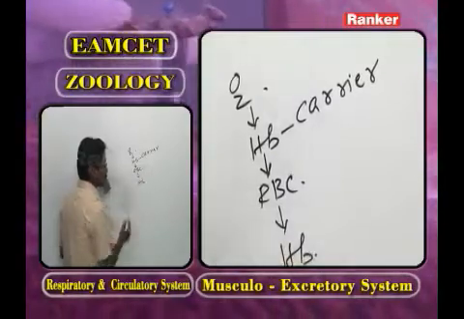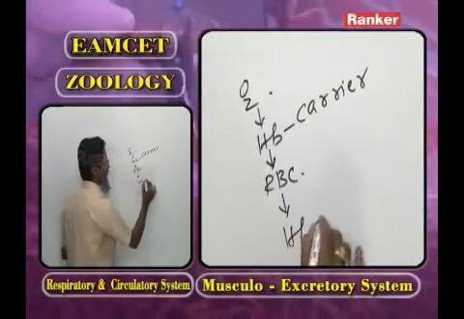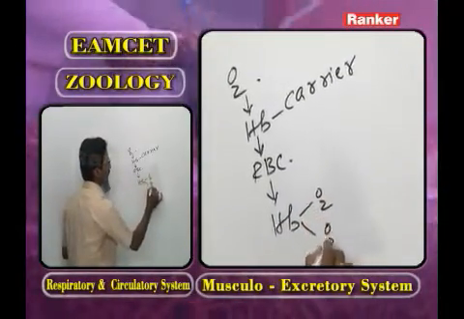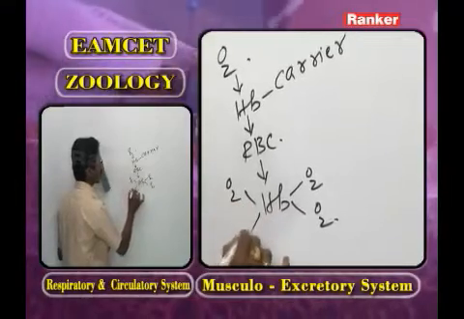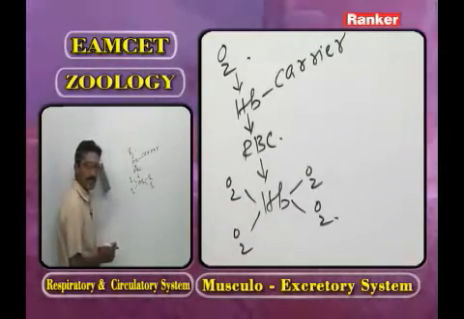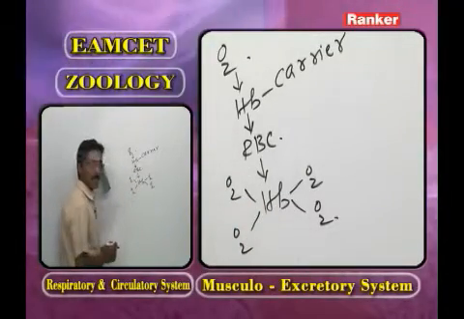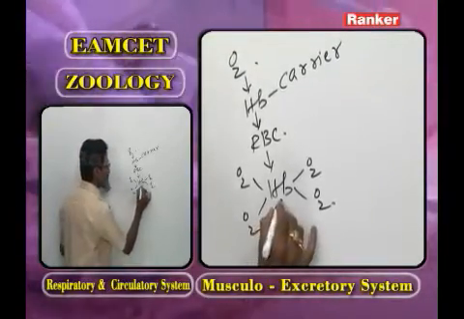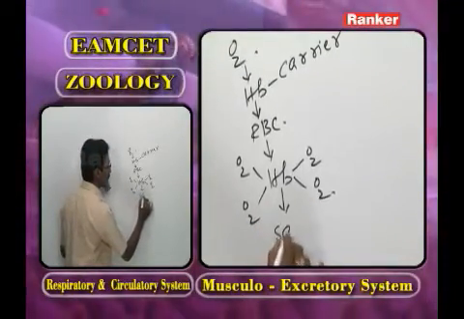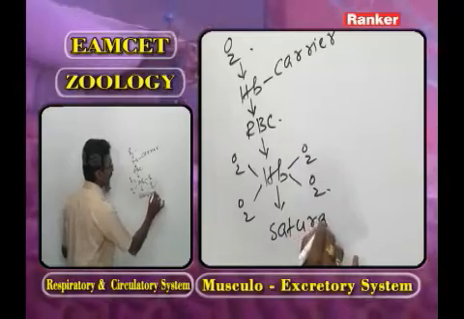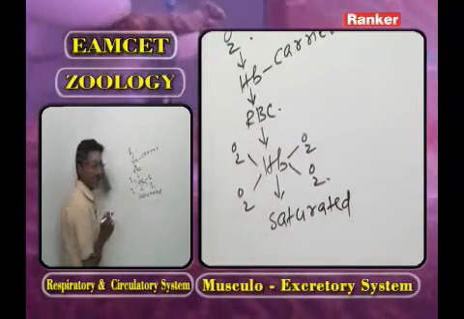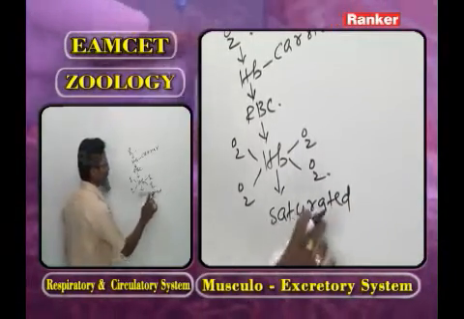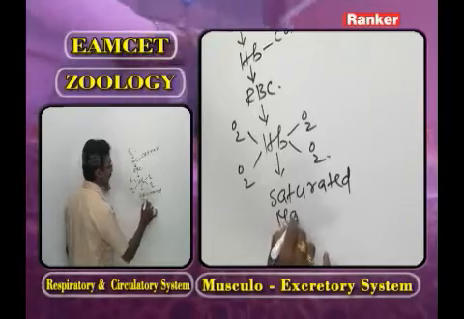One hemoglobin carries how many oxygen molecules? 4 oxygen molecules. Whenever the hemoglobin carries 4 oxygen molecules, the hemoglobin is said to be saturated. Here the student gets one doubt. What is meant by saturation?